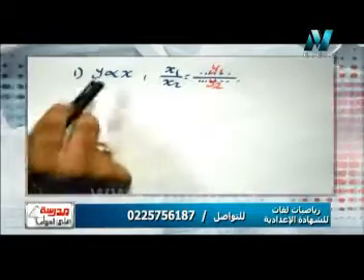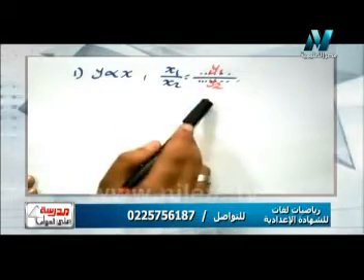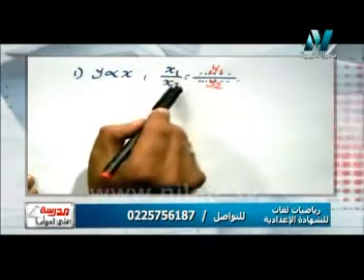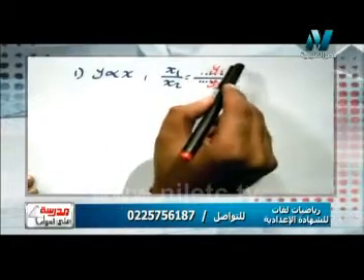We can make two fractions with corresponding values, meaning x1 over x2 equals y1 over y2.